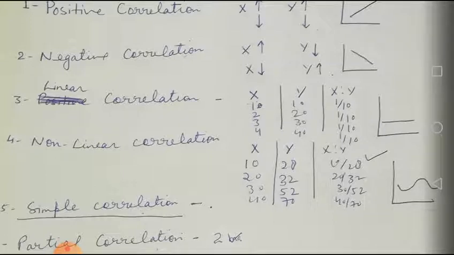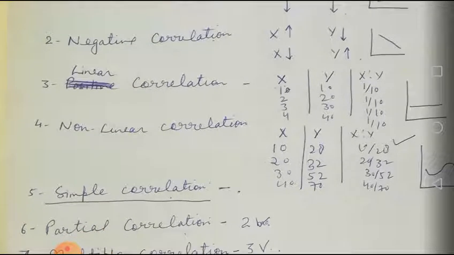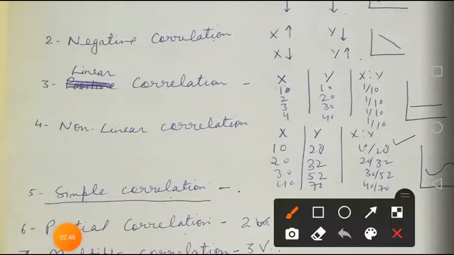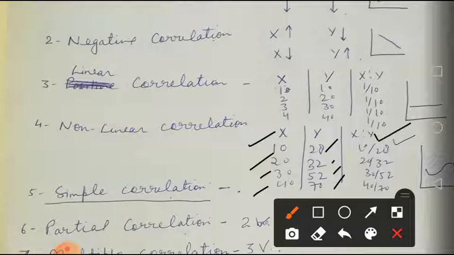Adversely, if we talk about the non-linear correlation, if the values of x and y variable are given, say the values of one variable are 10, 20, 30 and 40, and we assume the second variable's values are 28, 32, 52 and 70. When we take the ratio of x and y, we get 10 upon 28, 20 upon 32, 30 by 52 and 40 by 70. Then the ratio is not common.